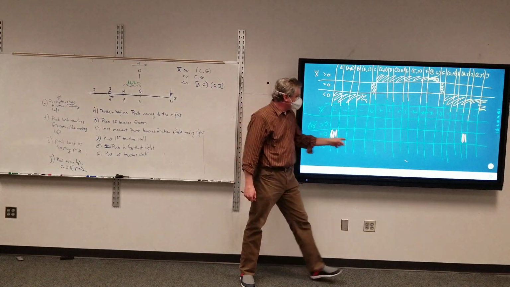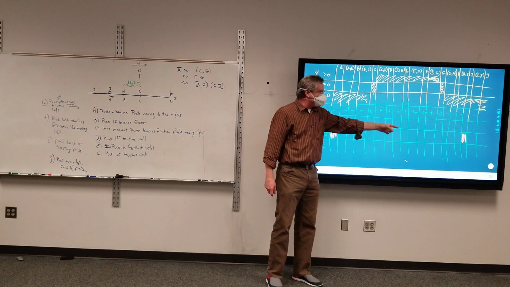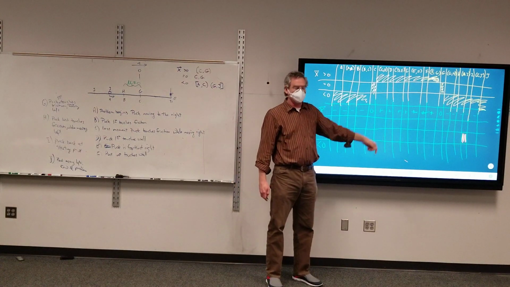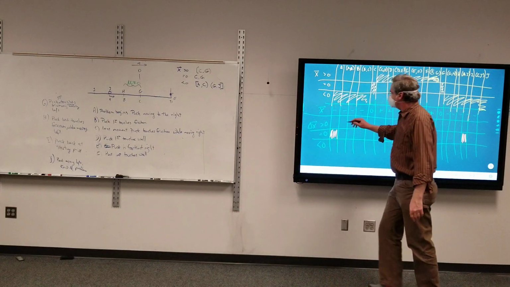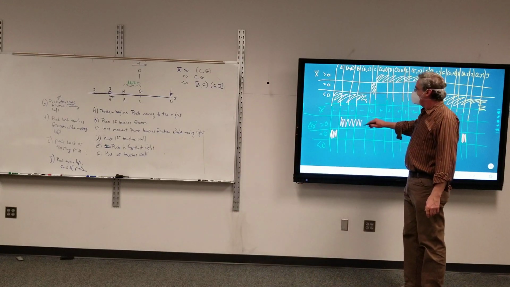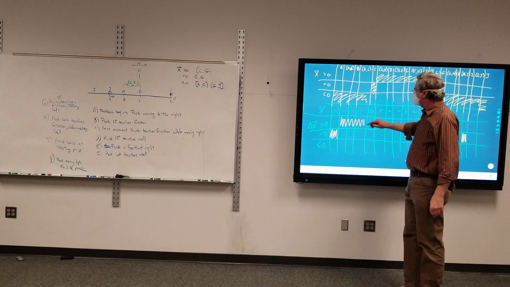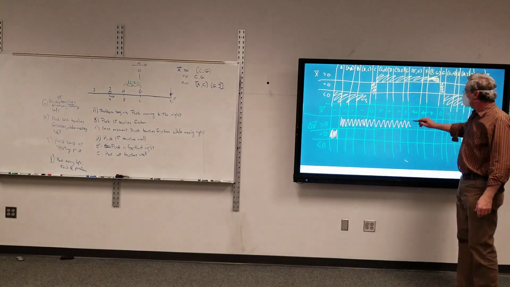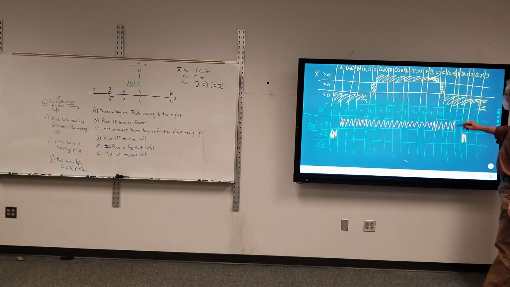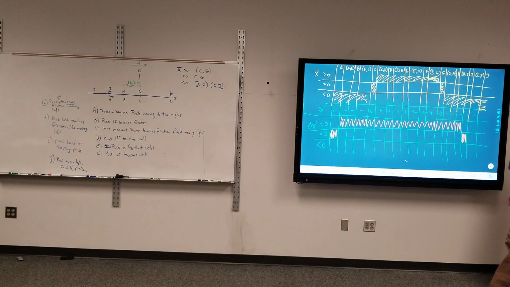So since I have no zeros in between, everything in between here is either all positive or all negative. And it's positive, because I'm on the plus side of my starting point. And if we did it right, everything else is negative.